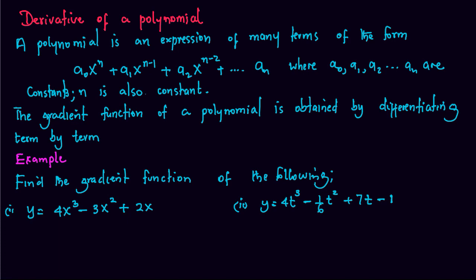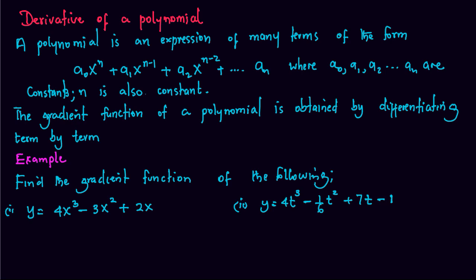We need to understand a polynomial as an expression of many terms which take the form a0 x raised to the power n plus a1 x raised to the power n minus 1 plus a2 x raised to the power n minus 2 plus up to the last term an, where a0, a1, a2 up to an are constants. n is also a constant.